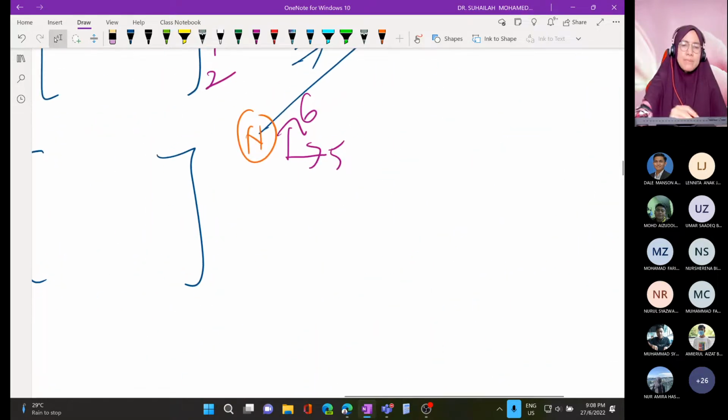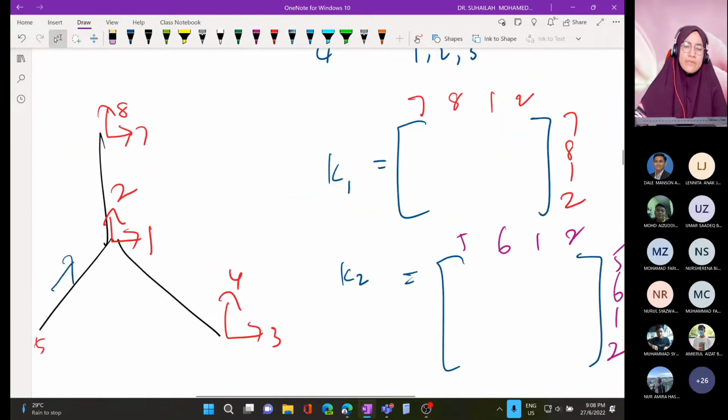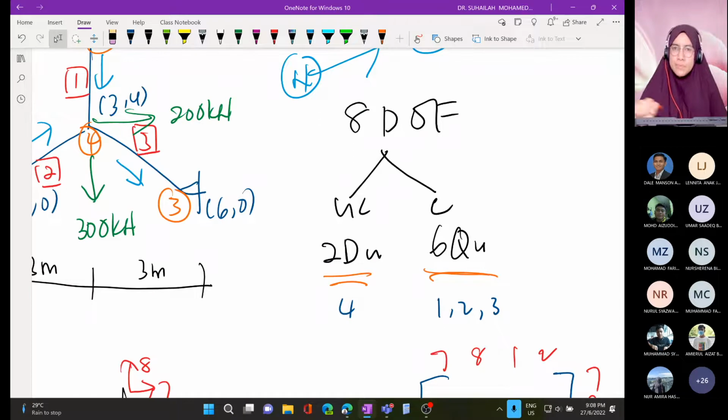For element number 3, we follow whatever arrow we put, because Cx and Cy are also calculated based on the arrow. So we have to put the arrow in the main diagram and follow it until the end of the analysis.